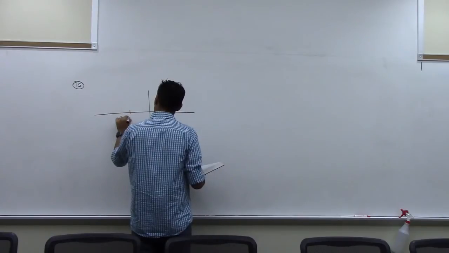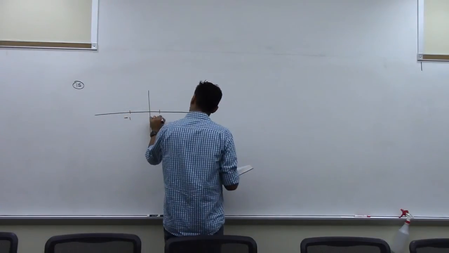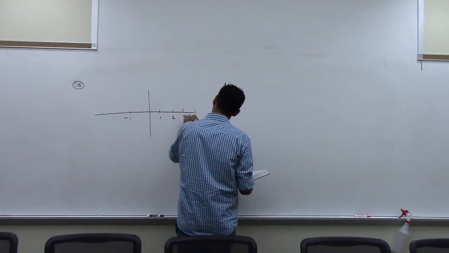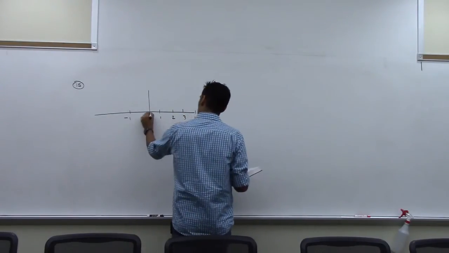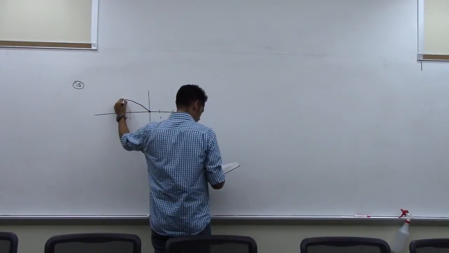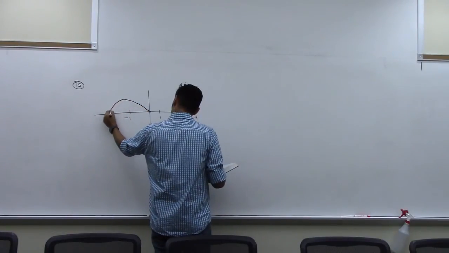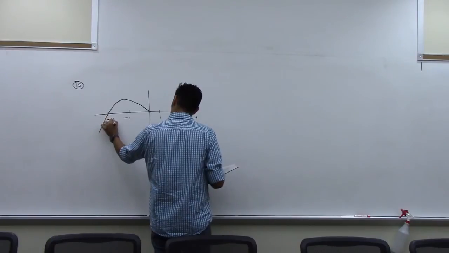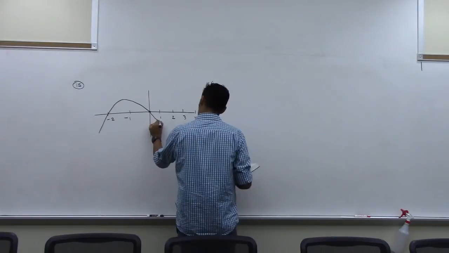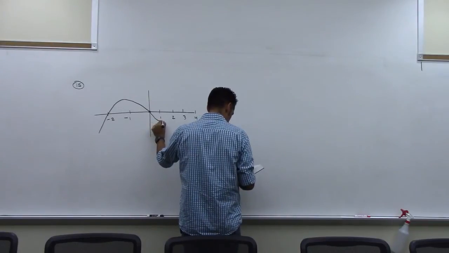Negative 1, 1, 2, 3, 4. So I know this point's here. It kind of goes up like this and then goes down like that. Down at the bottom here, it looks like it bottoms out just about here.